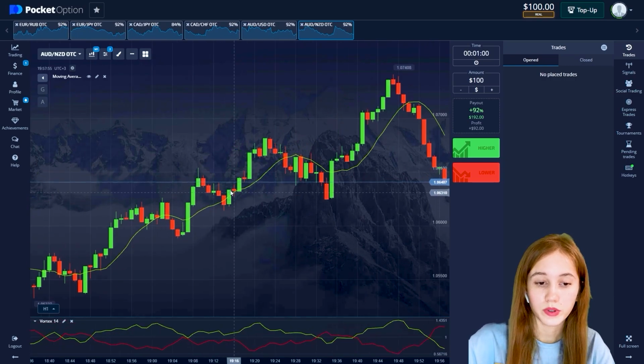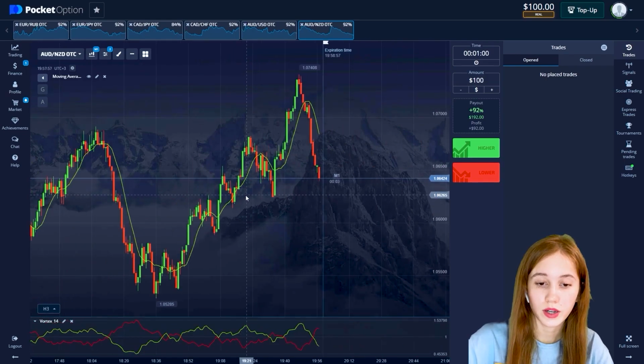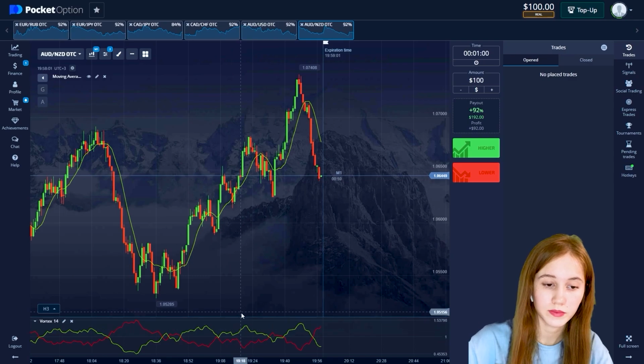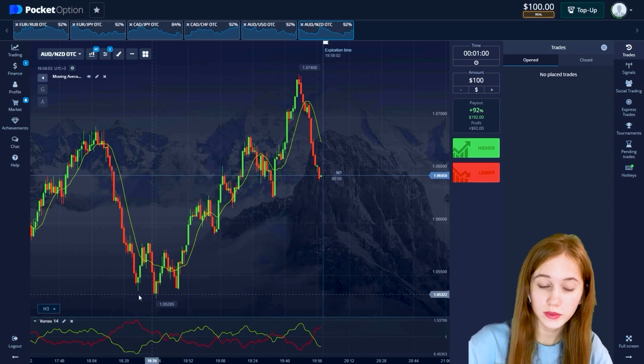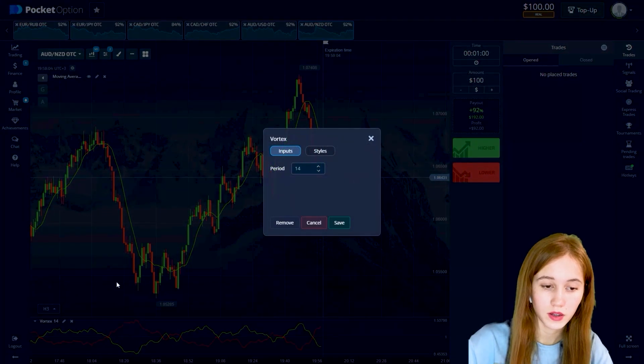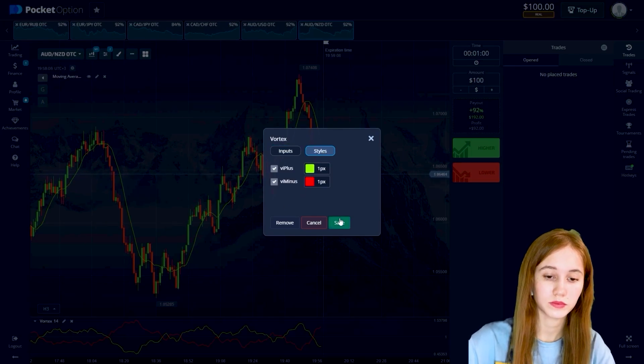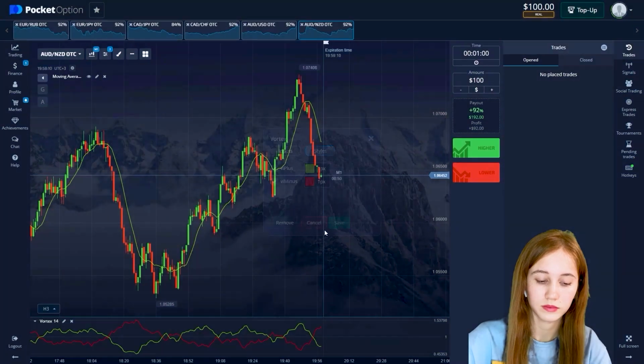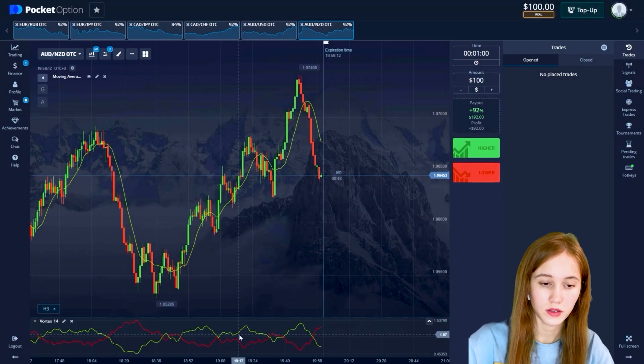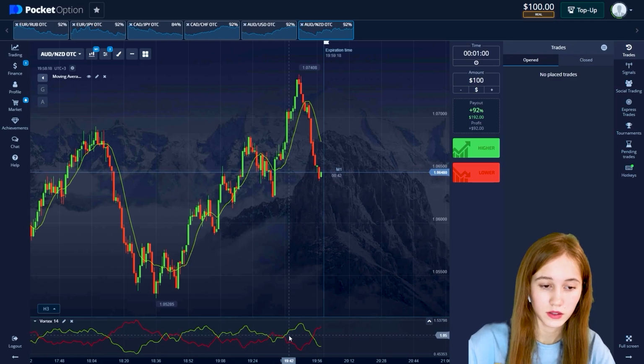It's also important to take into account the intersection of the candle itself with this average. The second indicator, the vortex, the settings you see. This indicator is one of the most useful indicators.